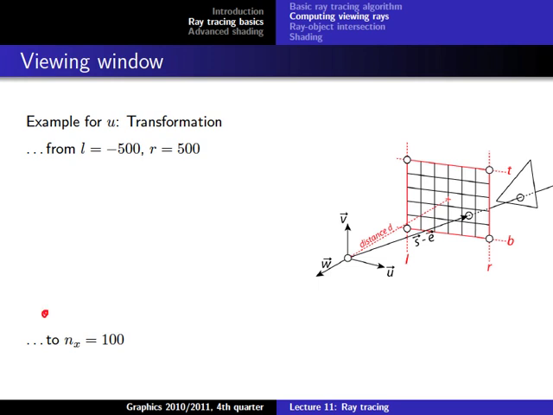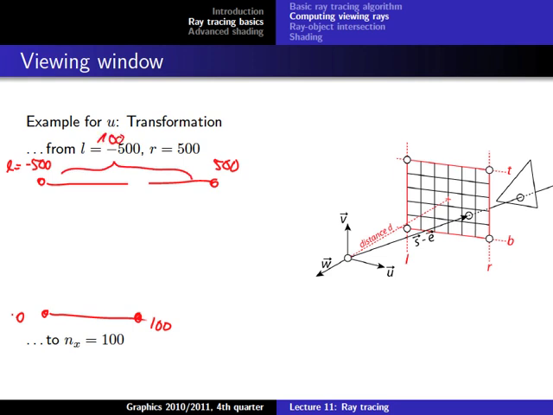So we have here from 0 to 100, and we want to map that from L is minus 500 to R is 500. So here we have 1000. We want to map 100 to 1000.